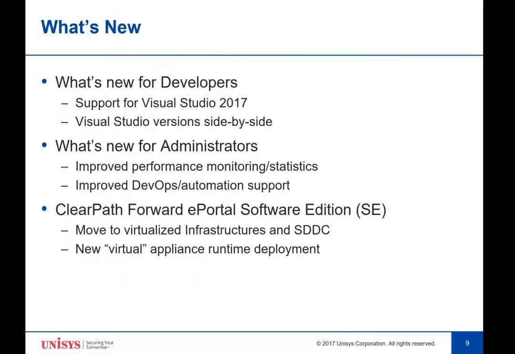We've got a couple new features for administrators, most of them centered around managing the systems and automation. So we've got some new ways that you can do performance monitoring and gather historical statistics, and over our last few releases we have been bringing you improved DevOps capabilities and automation support.